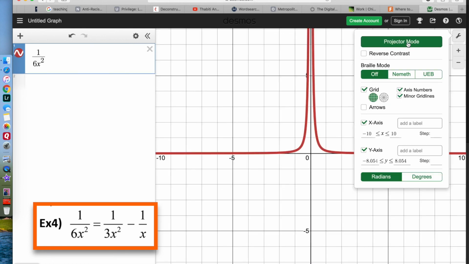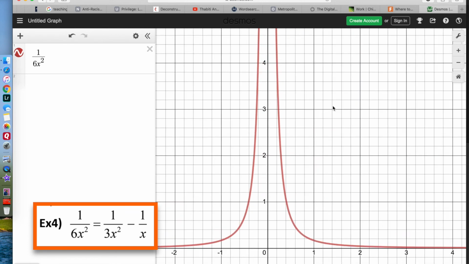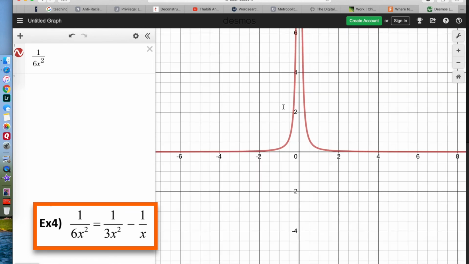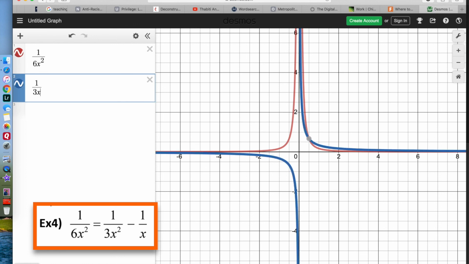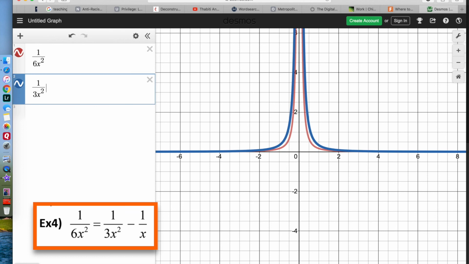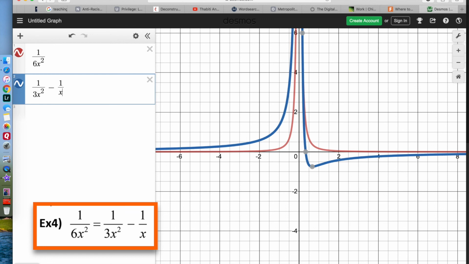Let me put this on projector mode so it's easier for you to see. And then in the second spot, I'm going to graph that whole subtraction problem, 1 over 3x squared, and then get outside. So I'm right arrowing to get outside of the denominator, and then outside of the fraction itself, and then minus 1 over x, and make sure that it looks exactly like it does on the paper.